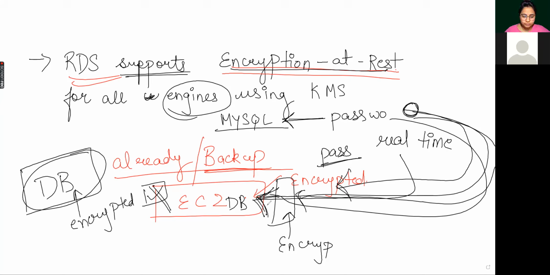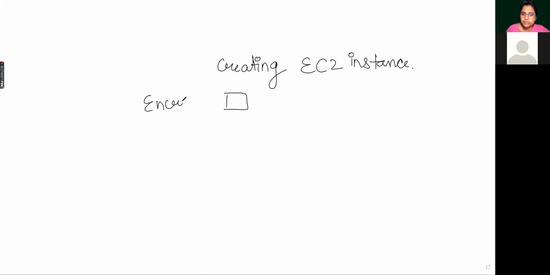Who manages it? I mean, I have to provide the encryption. I don't know, I'm confused. See, there's an option in the console, and you are creating it. Whenever you create any EC2 instance, you must have created one, they ask, do you want this EC2 instance to have encryption?